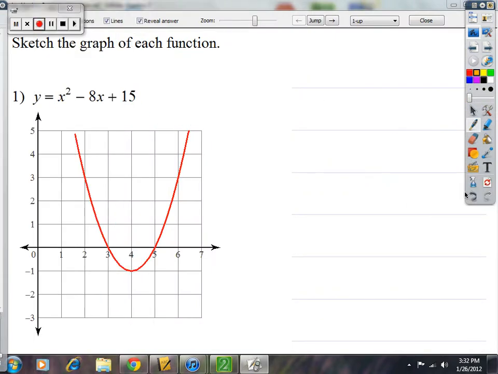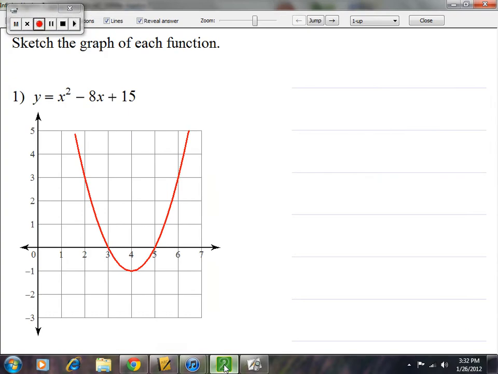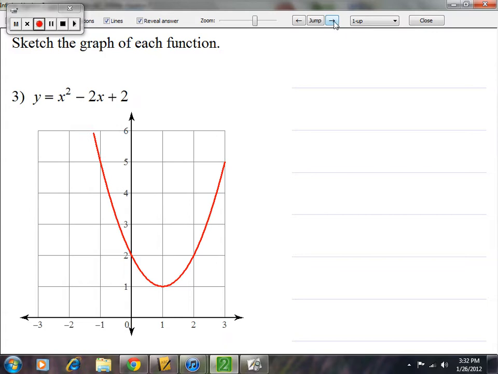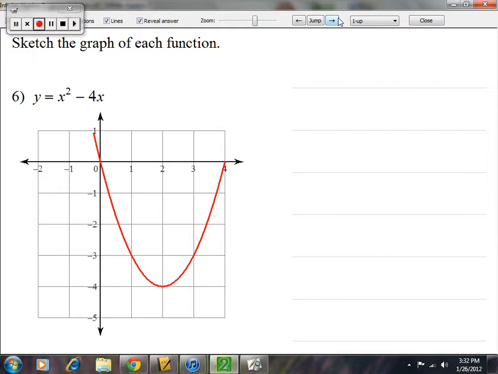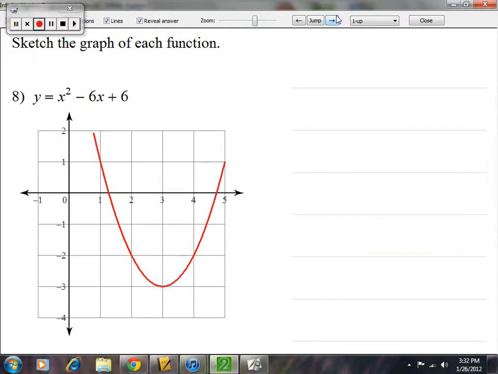So let's see if we can find one that looks like that. Okay, look at number 2. Number 2 is awesome. That lands on 1 and that lands on a -3, so that's nice and clean. Looks like they... Okay, here's one.